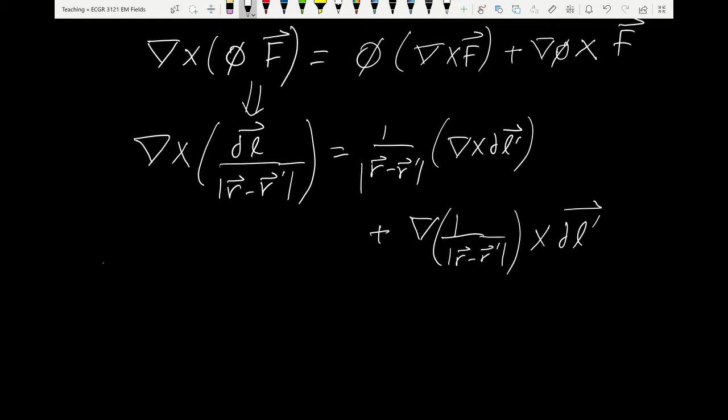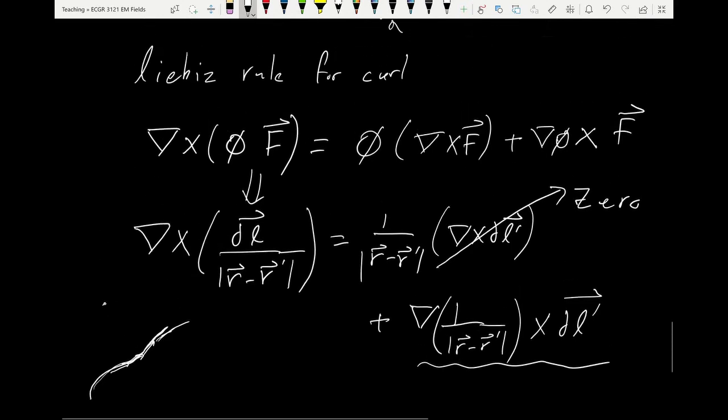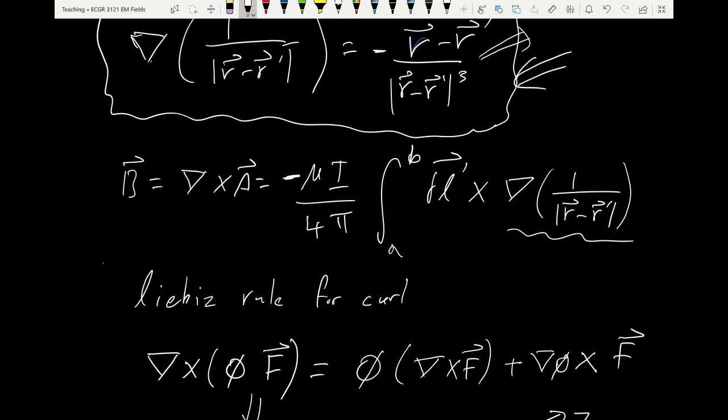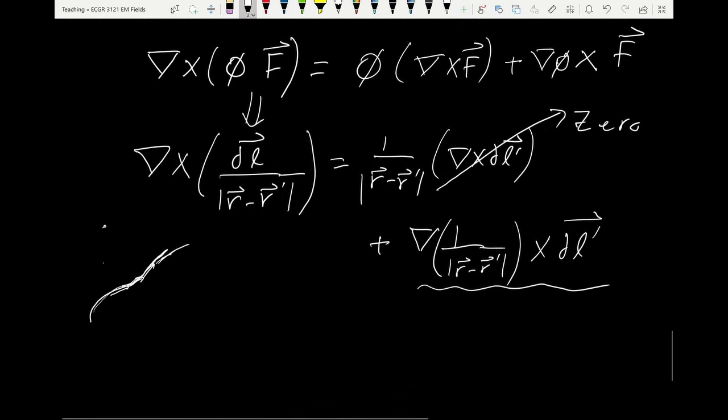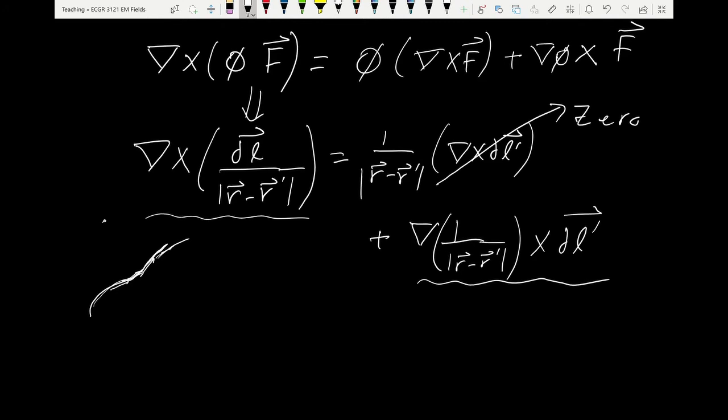What is dl? dl is the displacement vector along the wire. It goes around the loop of the wire. It does not have a curl. It does not rotate. And in any way, it's not a vector that's distributed along all of space. It just exists on the line. So it's clear that its curl is 0. This is 0. So we end up with this thing, which is the same as what we have inside the integral.